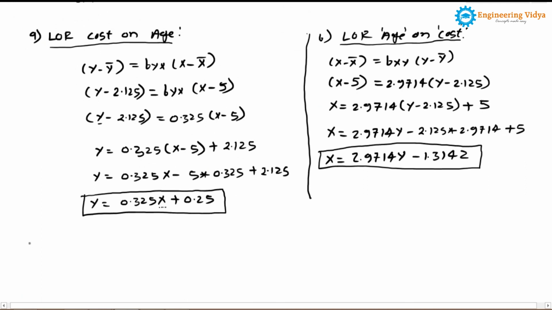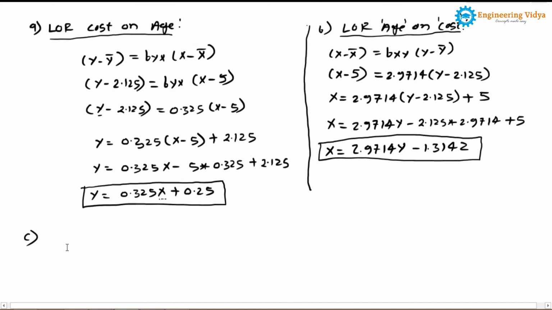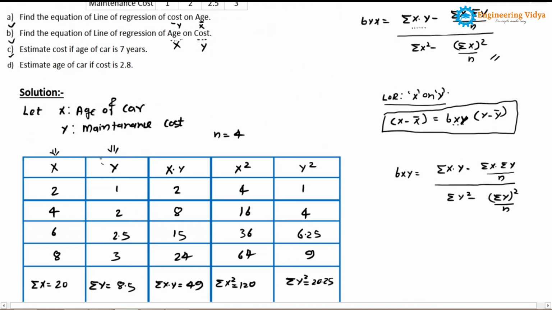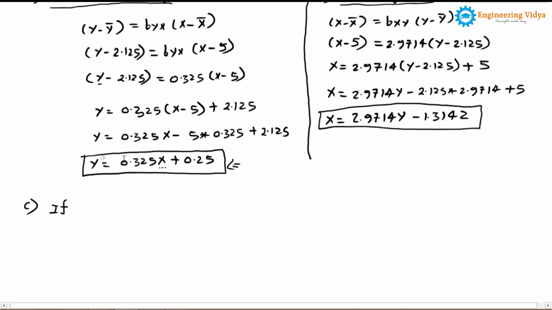Part C: here we need to calculate the cost. Cost is y, so cost can be calculated from this formula. If age is given as 7 years, then since age is nothing but x, x equals 7.